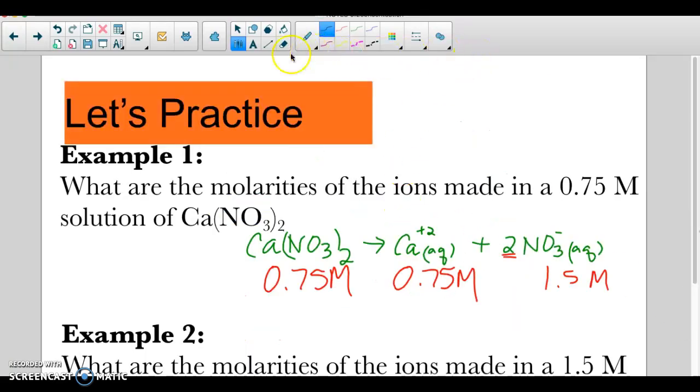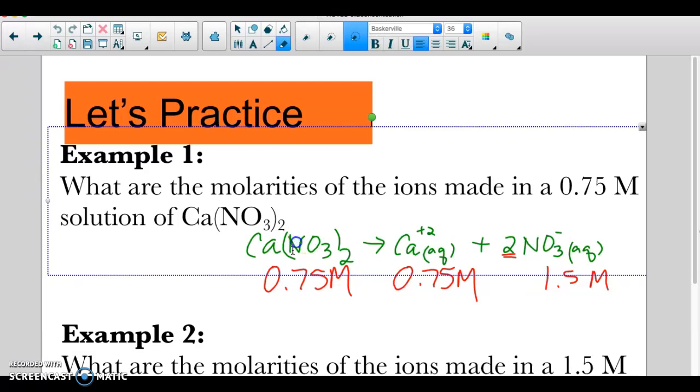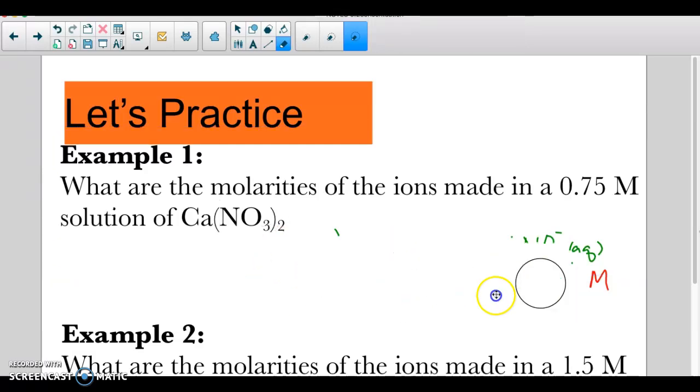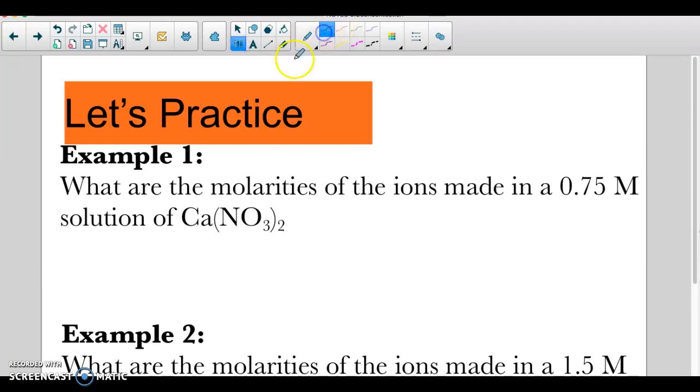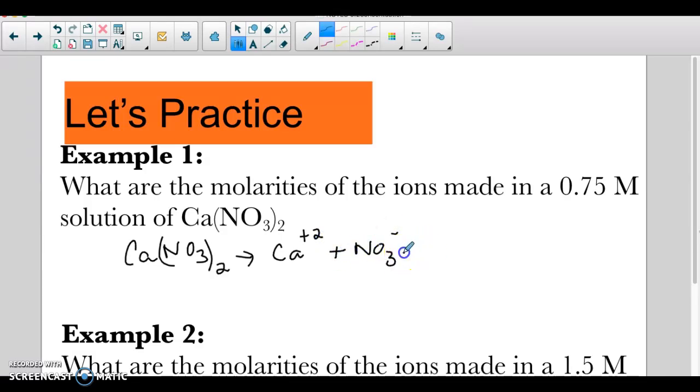So if we were to do a problem together, this could be one. Let's do it together. If I dissociate, so you will break that calcium nitrate apart. When I add it to water, it's going to break into calcium ions and nitrate ions. If it's a polyatomic ion, we're going to keep it together, and we bring the 3 with it because that's part of what nitrate is, but we have 2 of them.